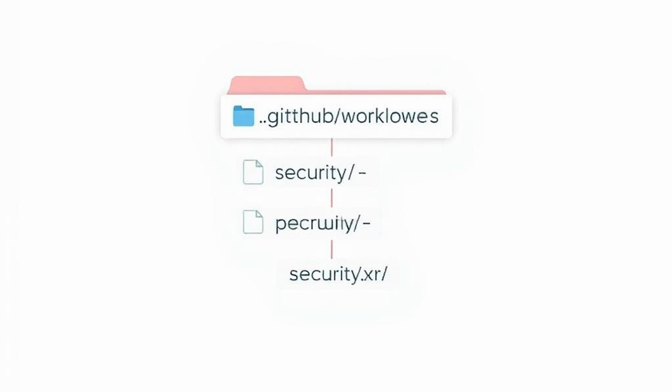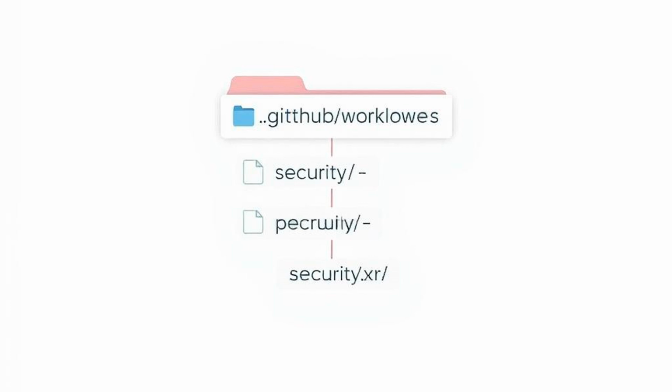Imagine every code push, every pull request, automatically triggering a comprehensive dependency health check and, if necessary, an automated fix. This not only dramatically improves your development velocity but also ensures your applications maintain a robust security posture by addressing issues before they become critical. It's continuous delivery, with continuous security and stability baked right in.